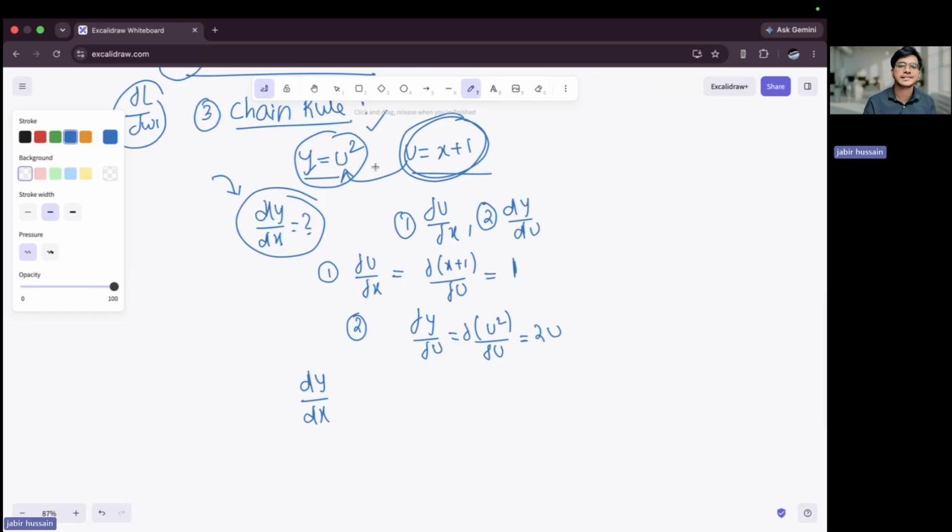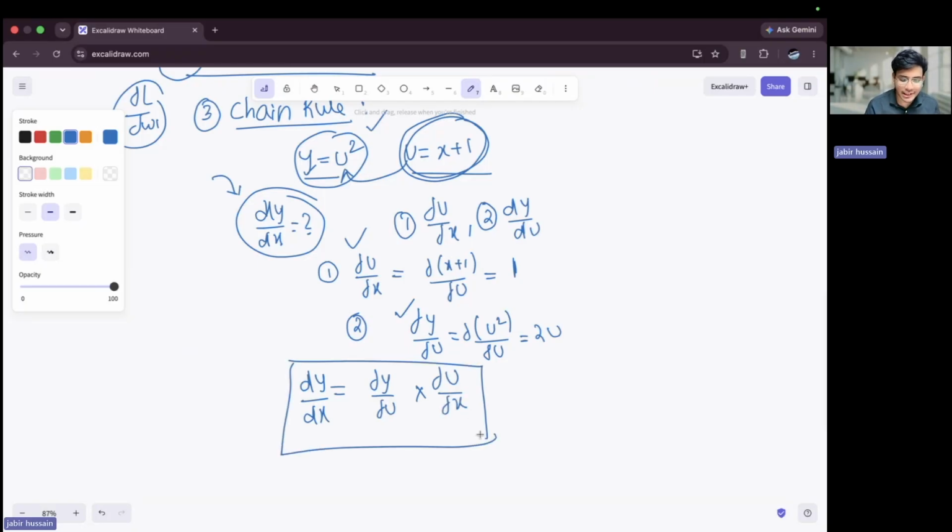What the chain rule tells you is to just take the local derivatives. You have du by dx, you have dy by du. Take dy by du, multiply it with the other local derivative, du by dx, and whatever answer you get will be your final answer, your global derivative, which is dy by dx.